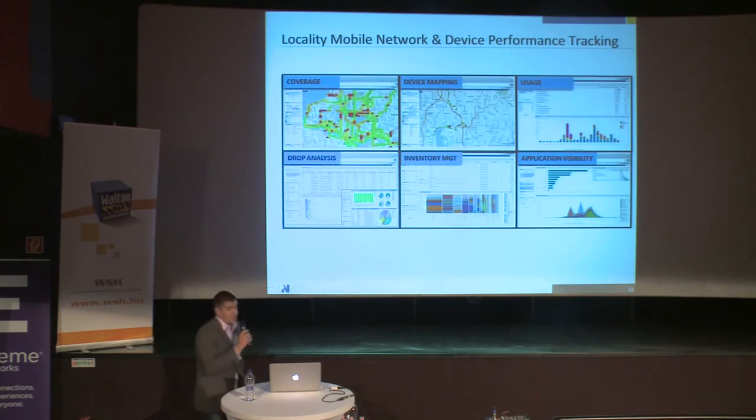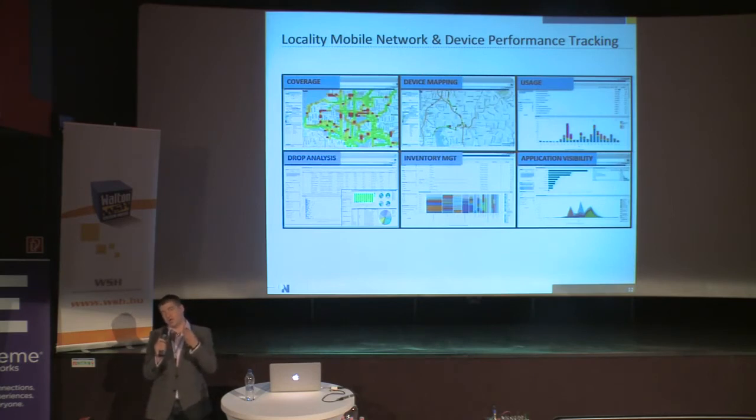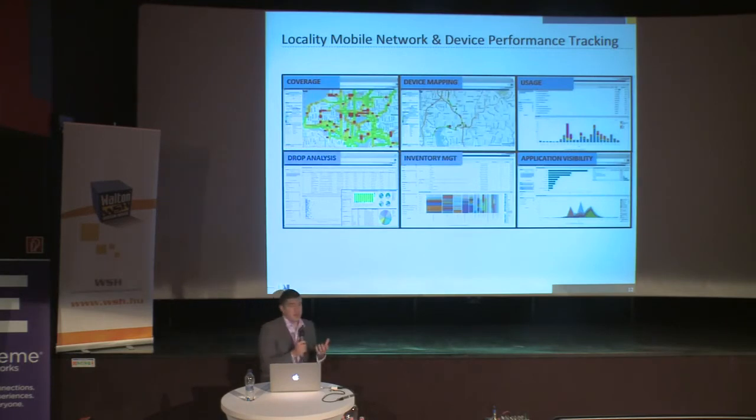So it provides you with a map of the coverage that your endpoints get from the operators. They do device mapping almost in real time. So you actually see where your mobile workers are and whether they are connected to the infrastructure. It provides the usage, so you can optimize and save costs because you see which applications are consuming the biggest amount of bandwidth. You can do drop analysis, inventory management, and application visibility.